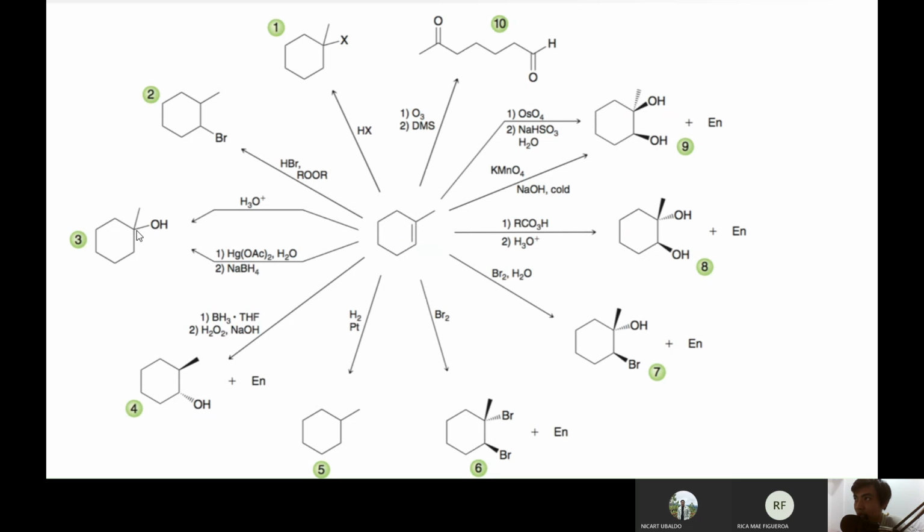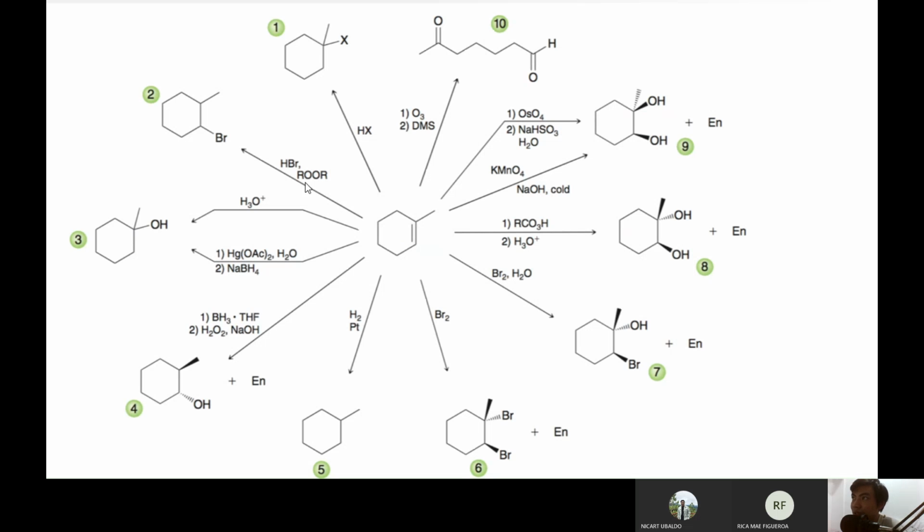This is oxymercuration-demercuration. It can also be done through acid-catalyzed hydration. So we need to be familiar with these.